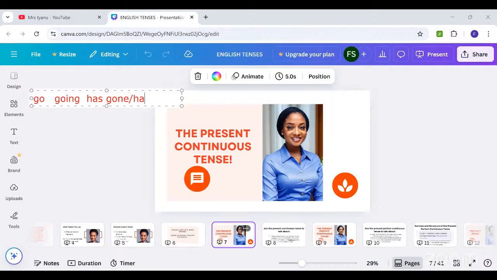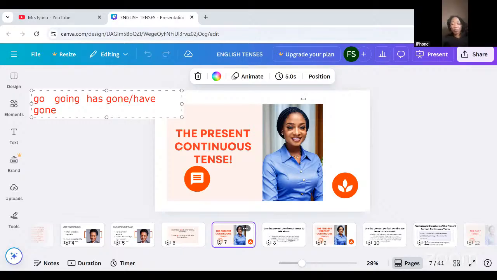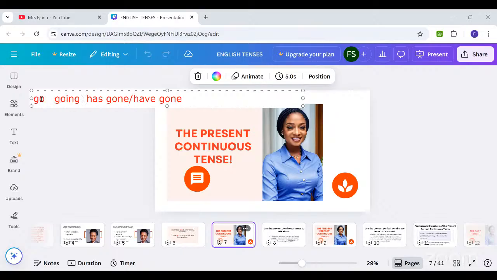So that's why we would have something like has gone or have gone. I believe you can see my screen now because I'm writing on it. Can you see my screen now? Yes. Okay. So again, let me state it. Simple present, an example is go.